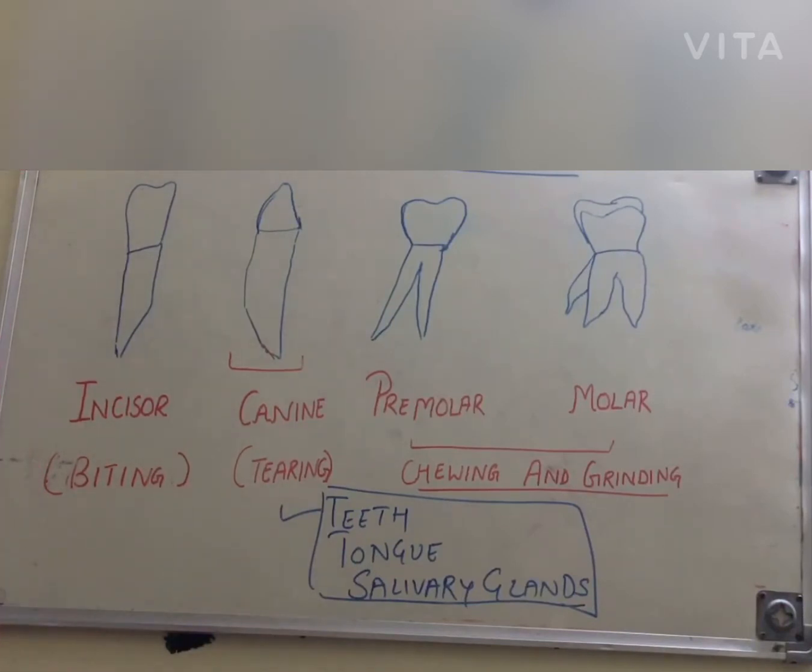When we talk about these teeth, we have an upper and lower jaw.